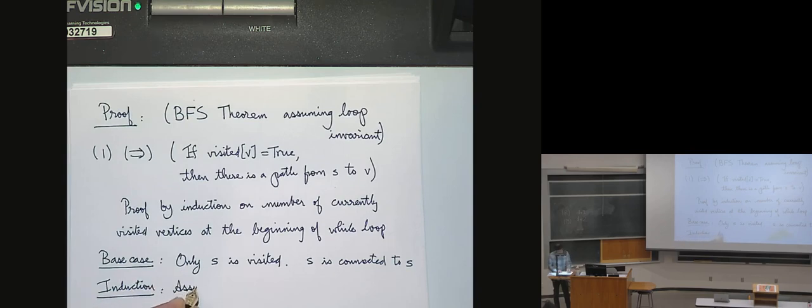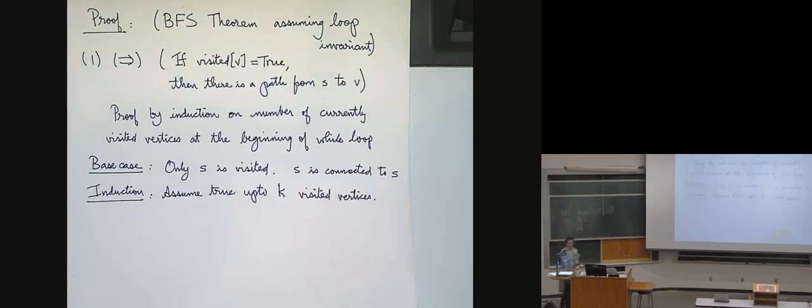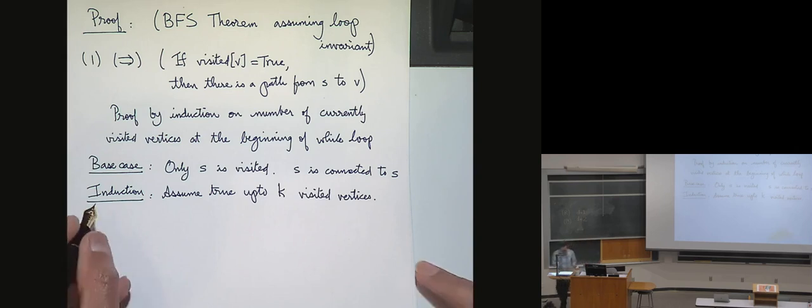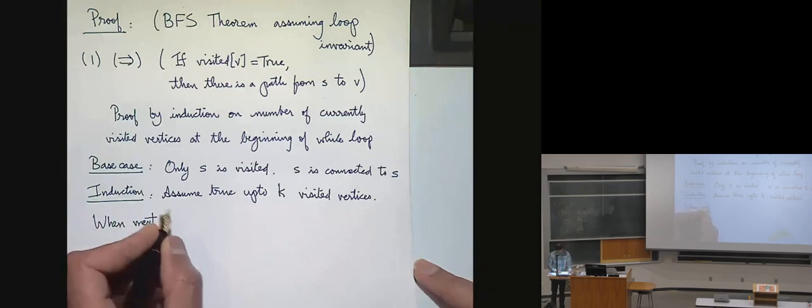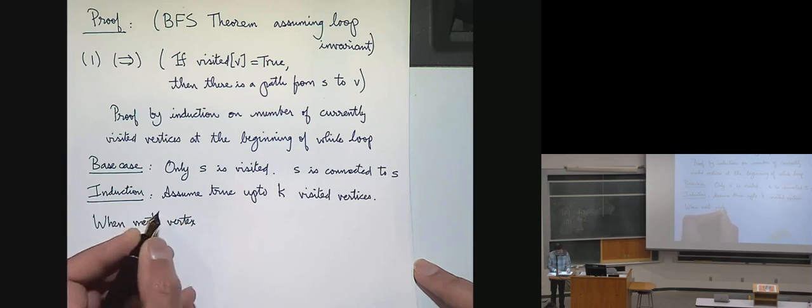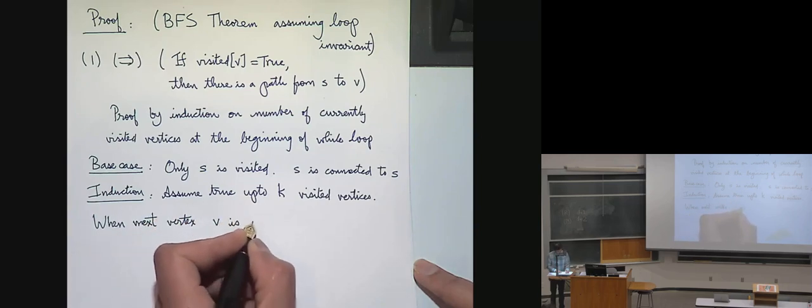So we'll say assume true up to k visited vertices. The k is just saying that we assume it's true up to some point. Let's just show that the next one is also true. So when the next vertex V is visited.